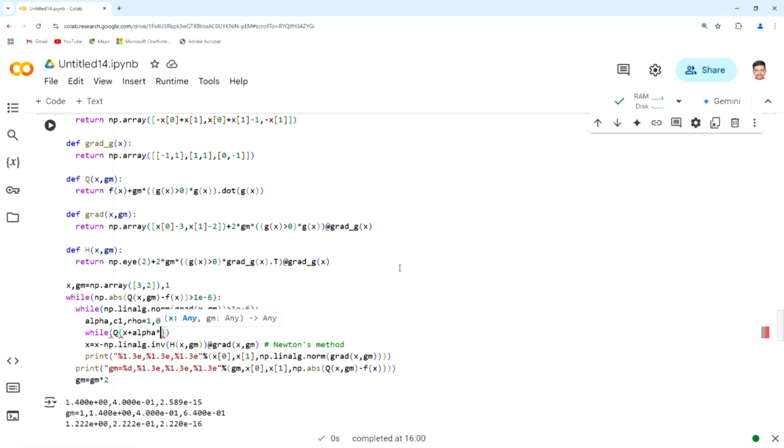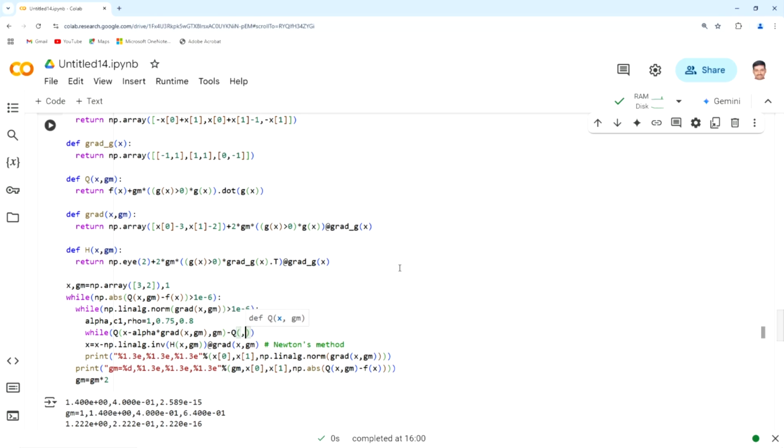Actually, the direction is the negative of del q, right. So, that will be minus, so I can put minus here, minus grad of x comma gm, right. So, this is x plus, and you have to write comma gm as well. Okay.